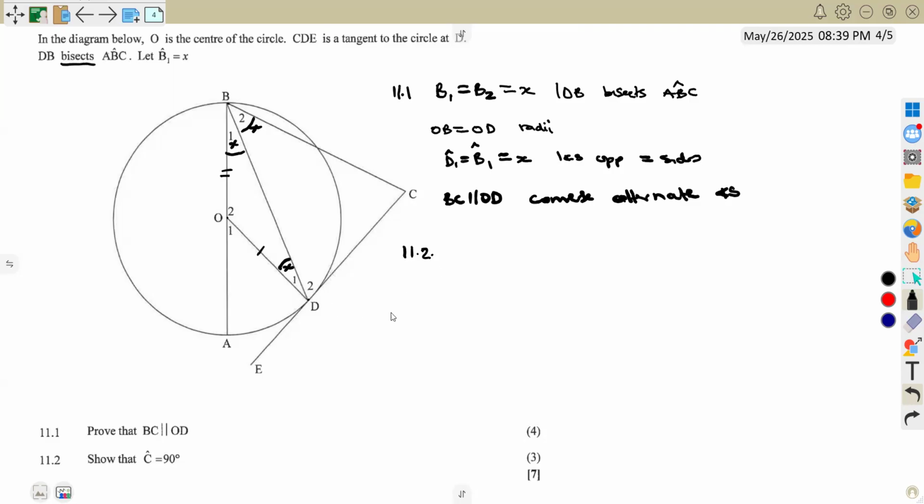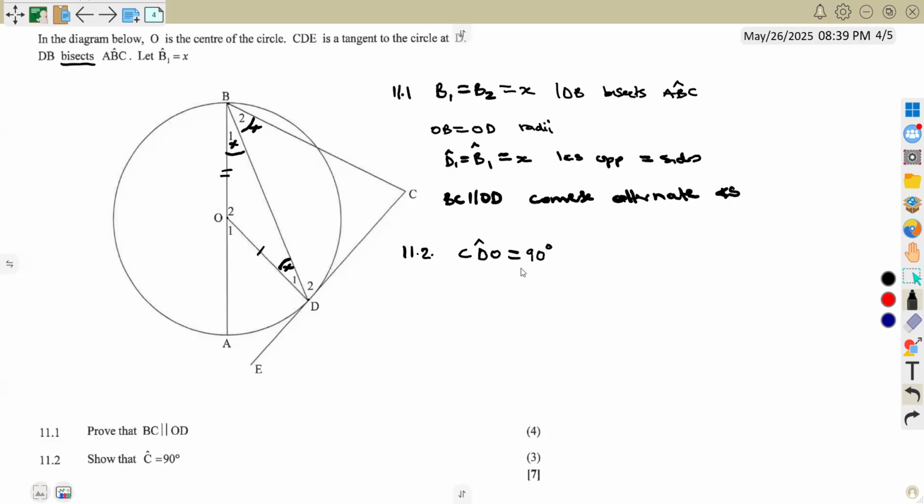It means we can conclude that angle CDO is equal to 90 degrees.